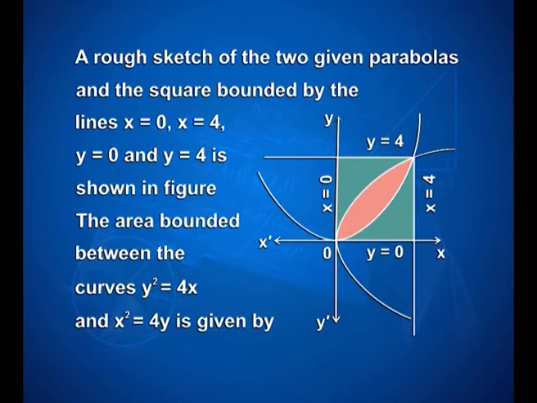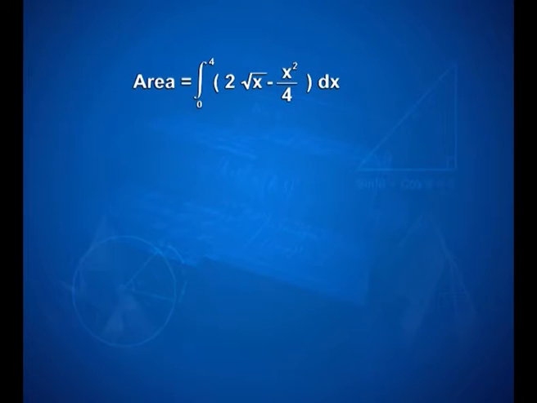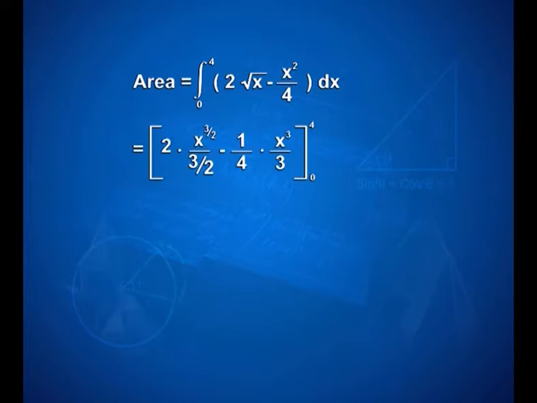The area bounded between the curves y square is equal to 4x and x square is equal to 4y is given by integral 0 to 4 of 2 root x minus x square upon 4 dx, that is equal to 2 into x to the power 3 upon 2 divided by 3 upon 2 minus 1 upon 4 into x cube upon 3 with limits 0 and 4.